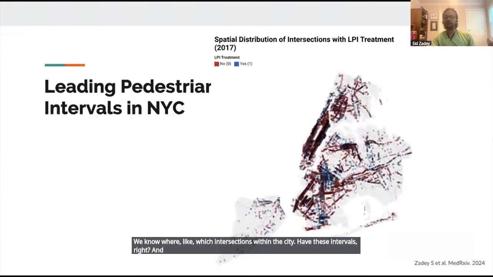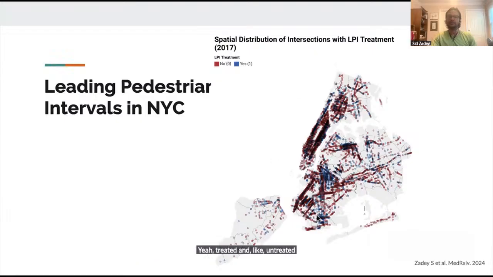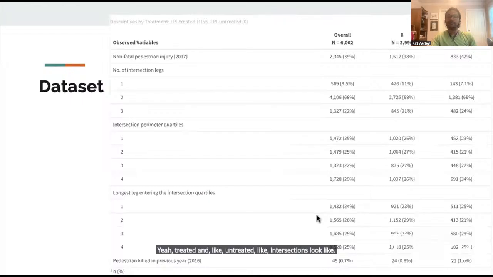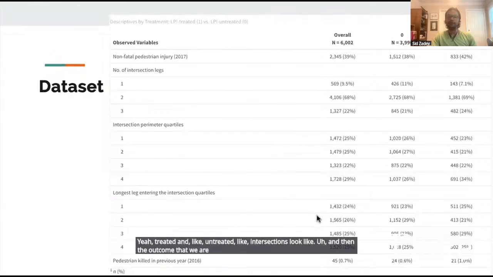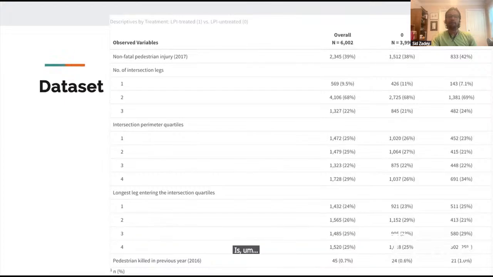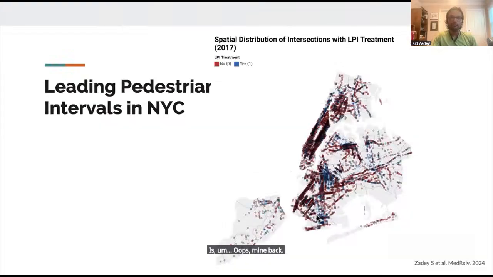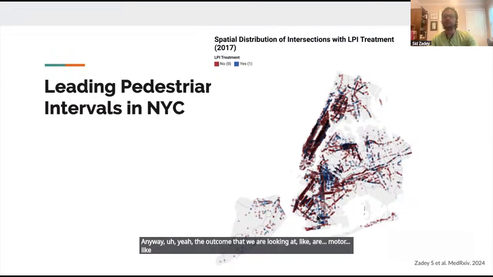And so this is the map of New York and how the treated and untreated intersections look. The outcome that we are looking at is the crash outcomes between motor vehicles and pedestrians at intersections.